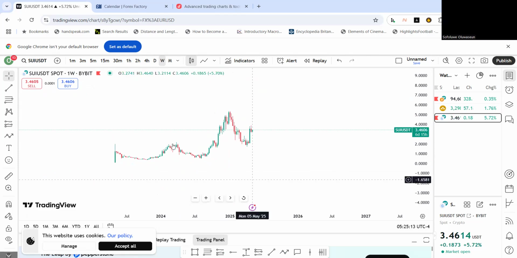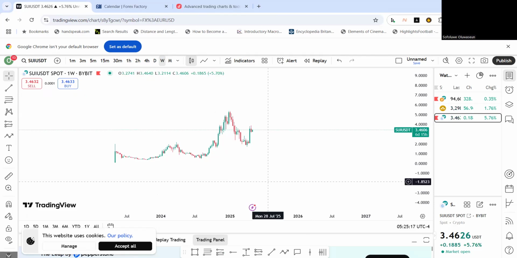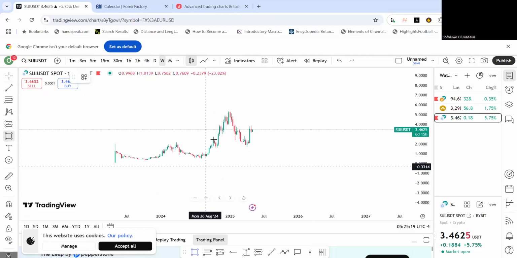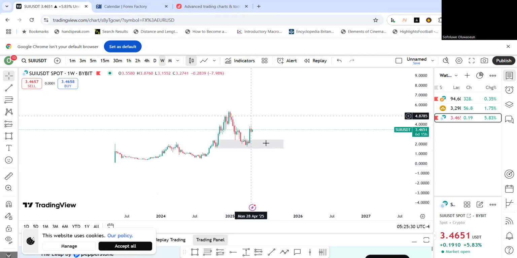You can see it has been bullish. Price reacted from this breaker block here on the weekly, and since then it has been so bullish. So this long green candle, and this small red candle here can be kind of a reversal.